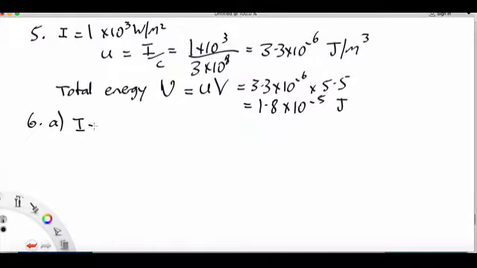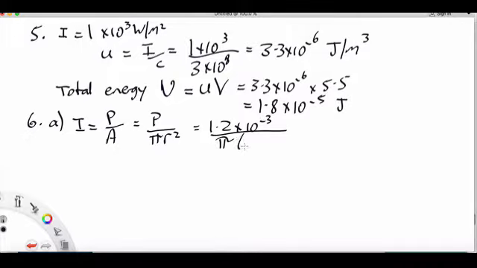Now, question number 6. Starting with intensity being power over the area, and that is power over the area of a circle, which is pi r squared. So it is 1.2 by 10 to the minus 3 watts over pi times 1 by 10 to the minus 3 squared.